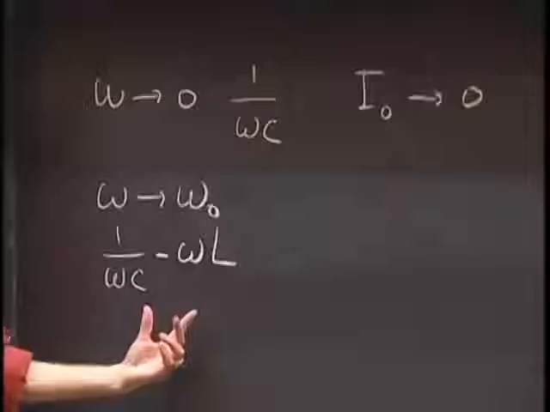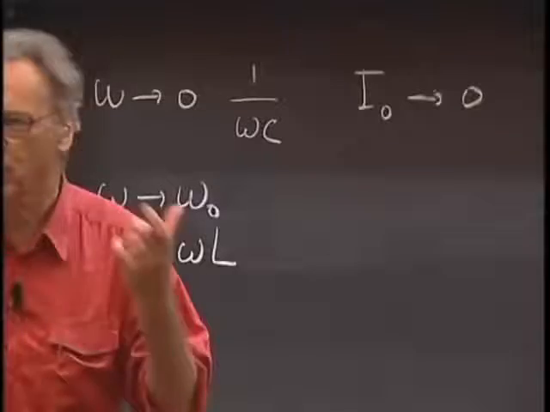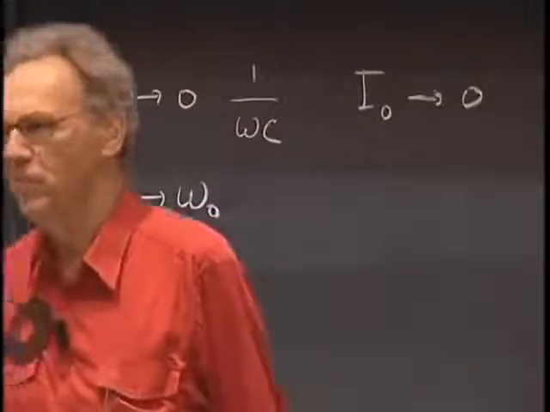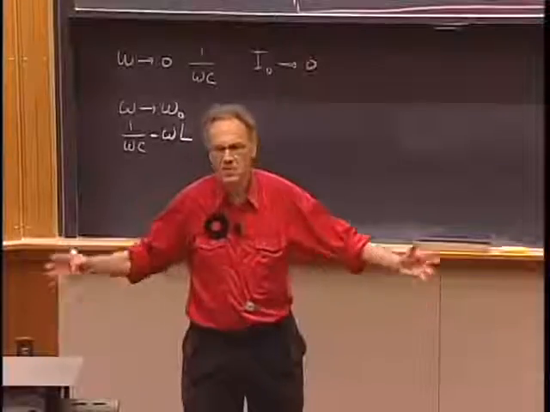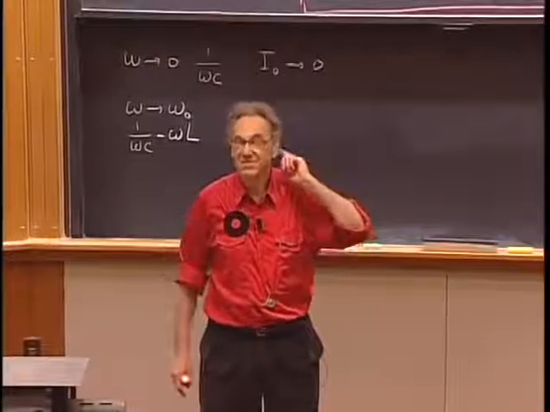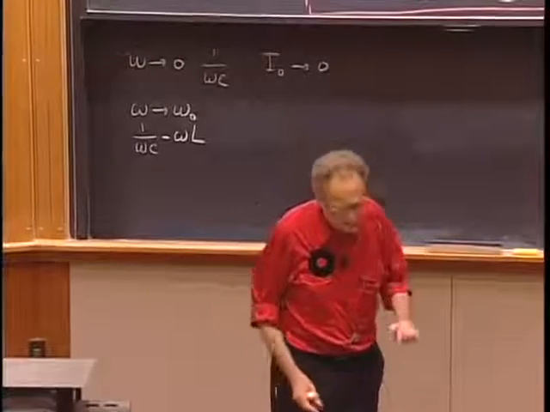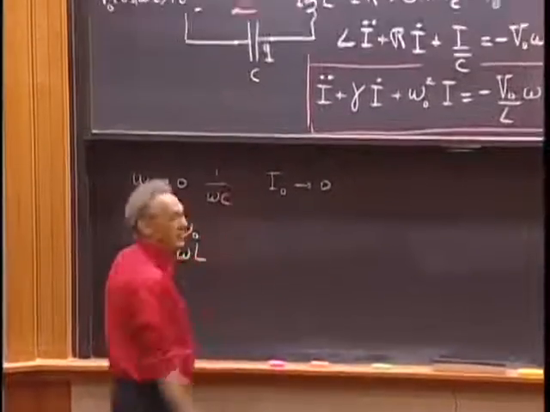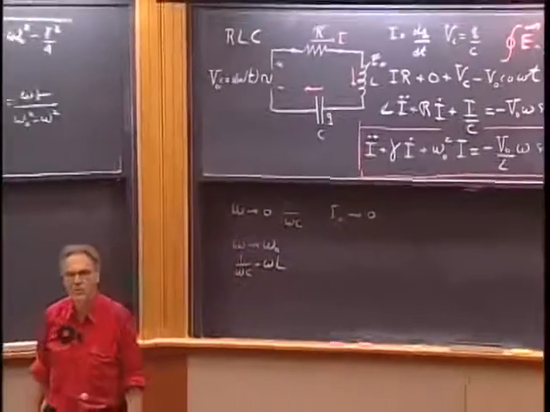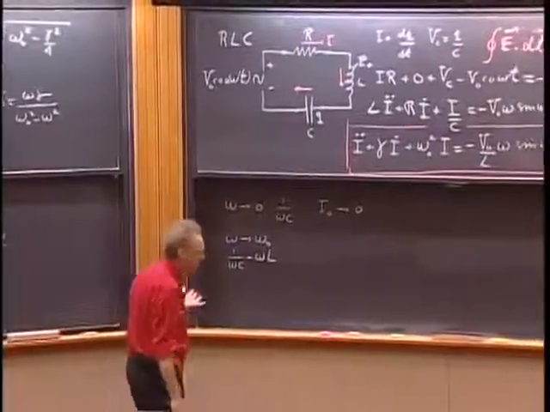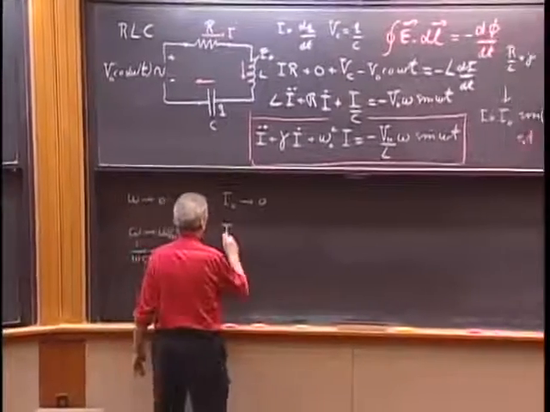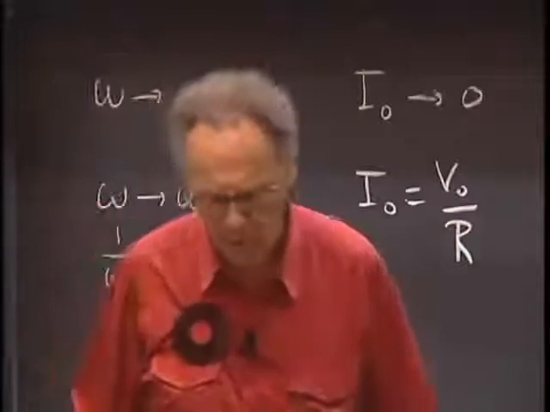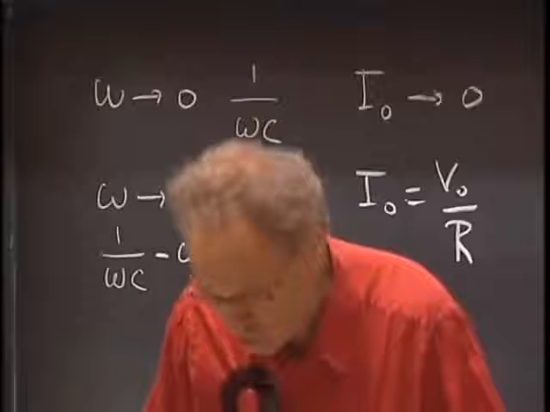And when this is the case, perhaps you remember that the system doesn't even know there is a capacitor, and it doesn't even know there is a self-inductor. The two, at all moments in time, exactly cancel each other. And therefore, Ohm's law holds. There is no L, there is no C, there is only the power supply and the resistor. And so since Ohm's law says V equals IR, you must get I0 equals V0 divided by R. That is what you must get at resonance. It's non-negotiable.